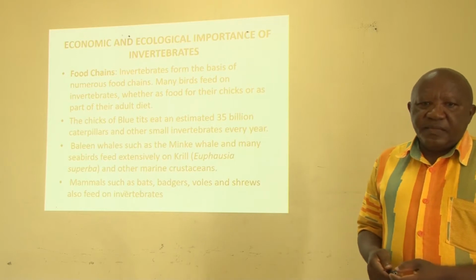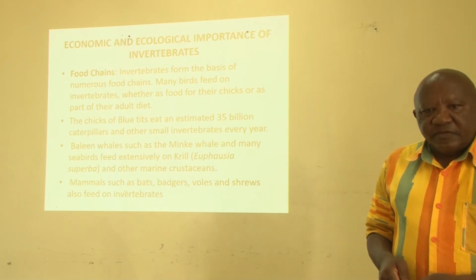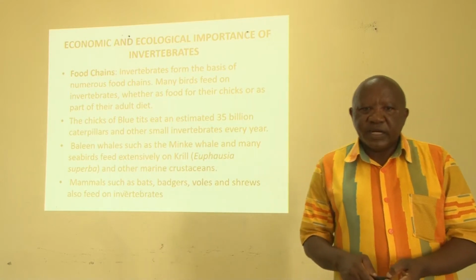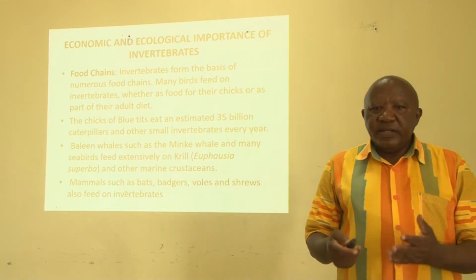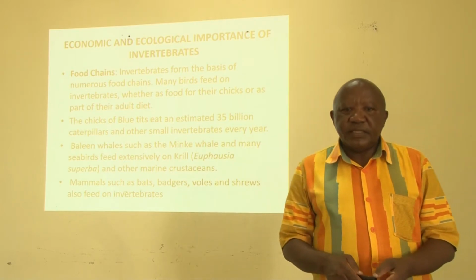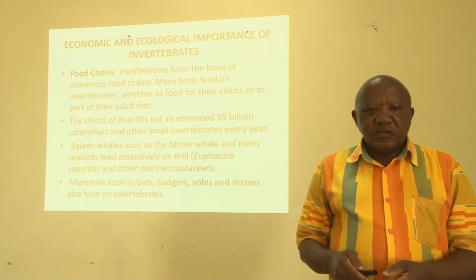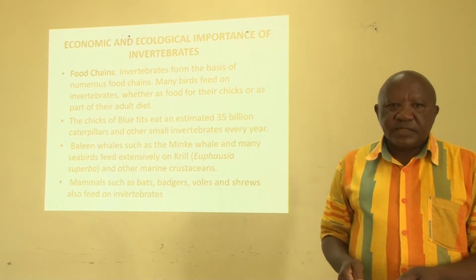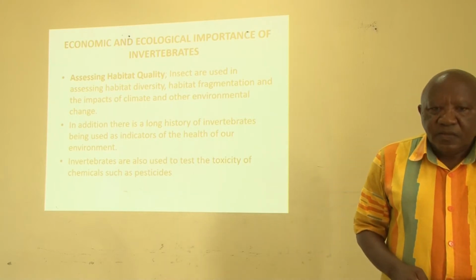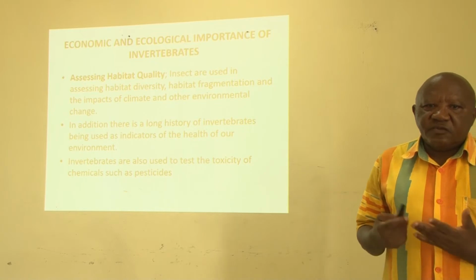Marine whales such as the minke whale and many seabirds feed extensively on krill and other marine crustaceans. Mammals such as bats, badgers, gulls, and shrews also feed on invertebrates.